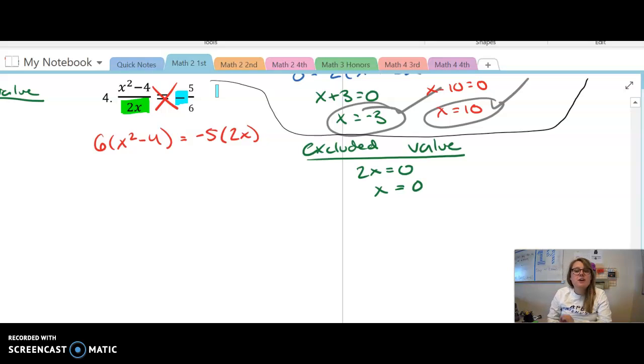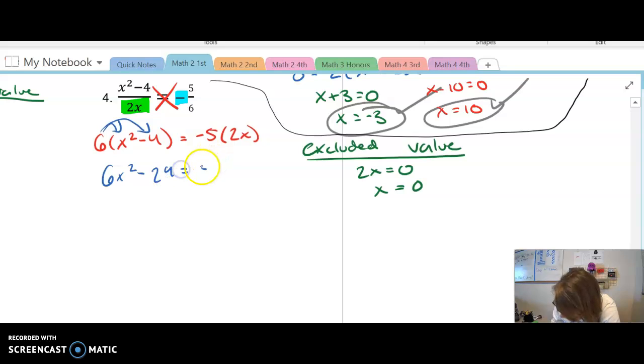If we have negative 5 times 6, that means we have to apply the negative to either the 5 or the 6, not both, just one. I applied it to my 5. So now that we've successfully cross multiplied, let's distribute. Distribute the 6, and then we have 6x squared minus 24 equals negative 10x.